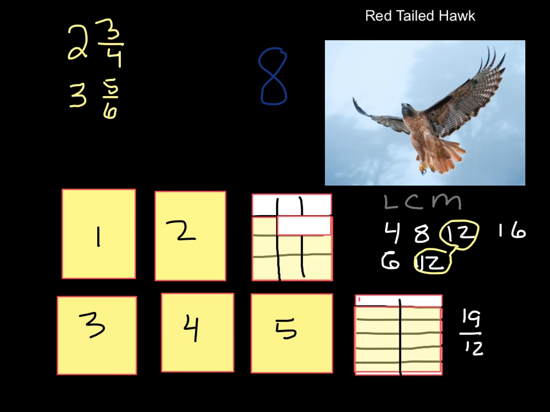So now I'm going to put them here, and as you see, now I've got another whole, right? So now I no longer have 1, 2, 3, 4, 5 wholes. This one is also a whole. So I've got 6 whole pieces here, and then here I've got 1, 2, 3, 4, 5, 6, 7 out of the 12.